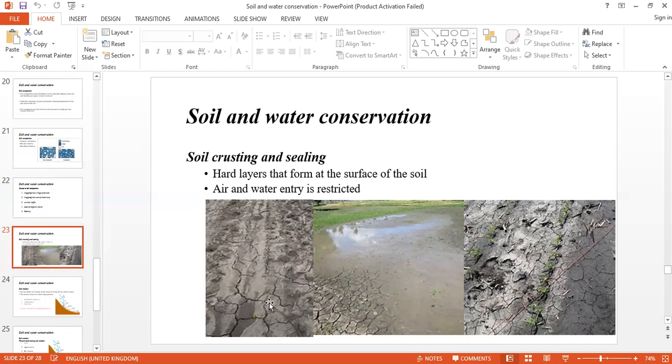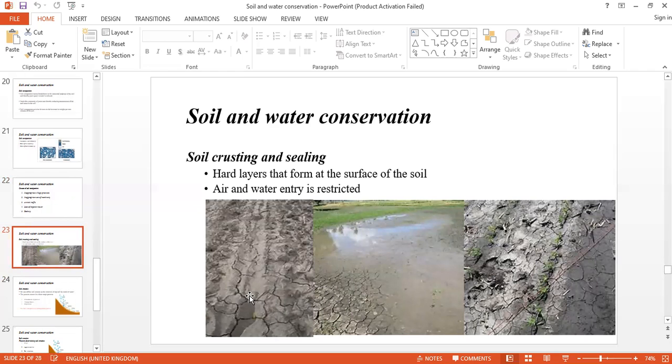In most cases, soils like this are not supposed to be left bare. There's supposed to always be a protective cover on top so that you prevent this phenomenon from occurring. If it happens, it means that you have restricted water entry into the soil, and air will also find it difficult to go in because the top part is sealed.